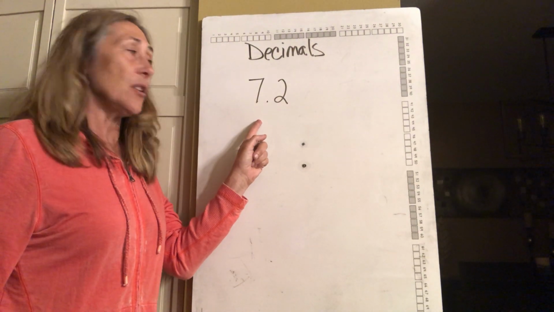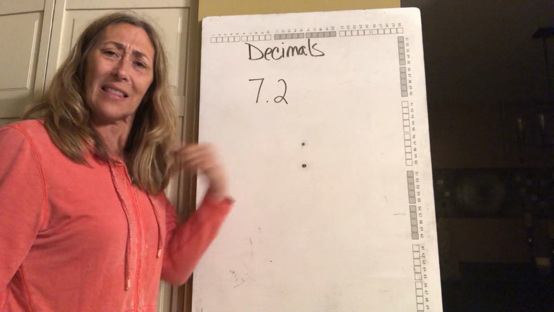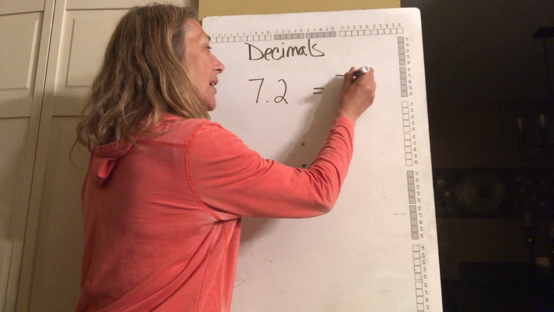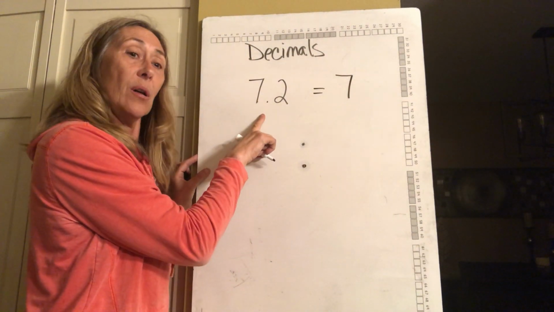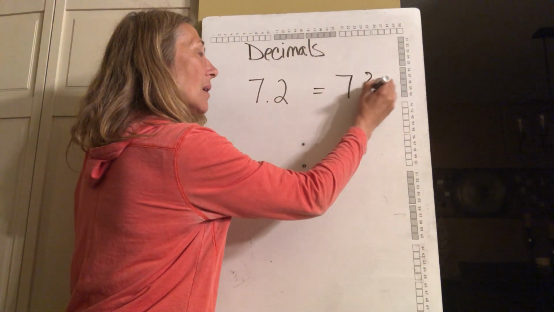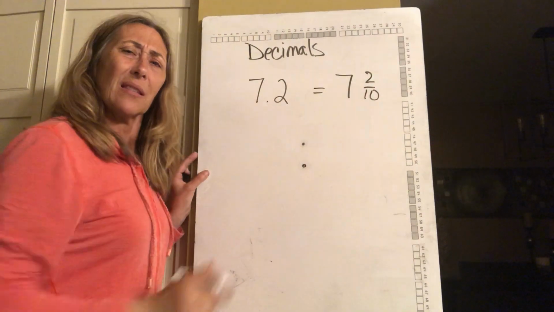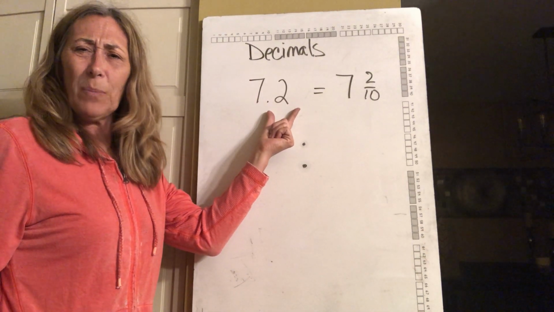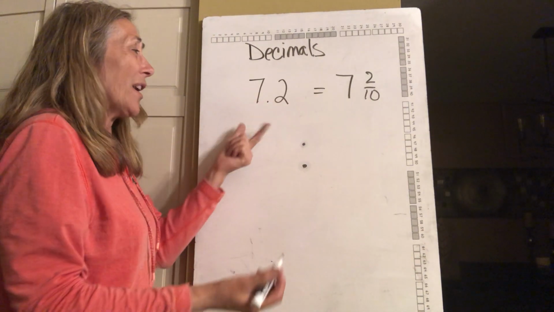Seven and 2 tenths. Or I could write it as a fraction, 7 wholes and 2 tenths. This is where I would put, if it was money, it would be like dimes. It would be 20 cents.